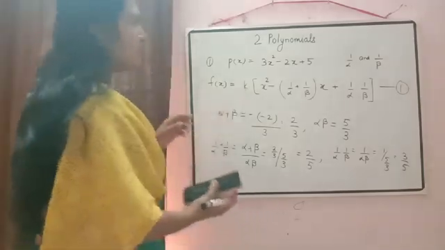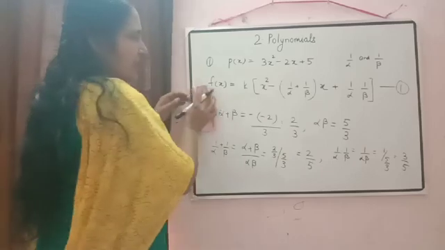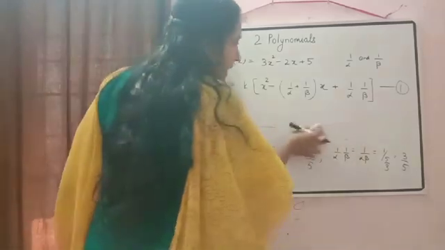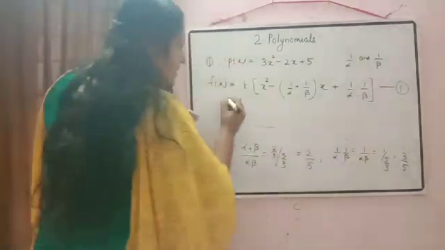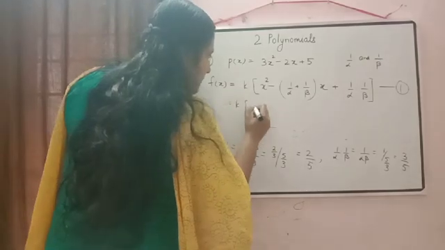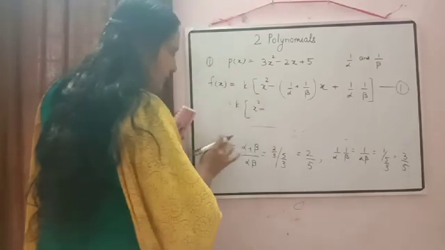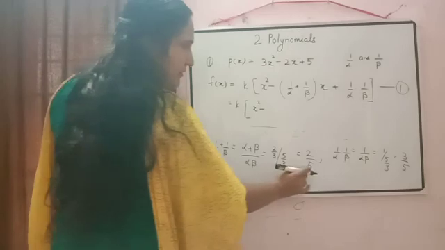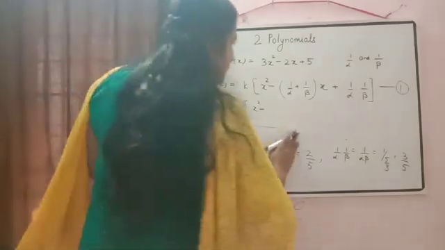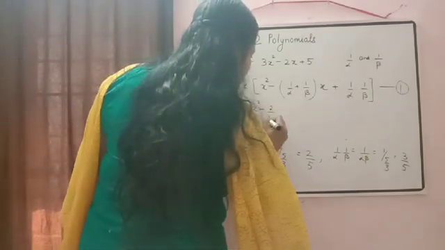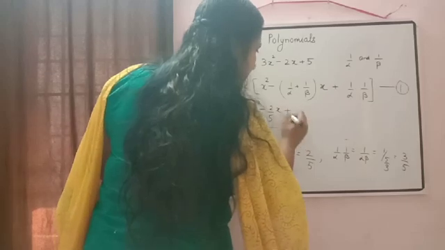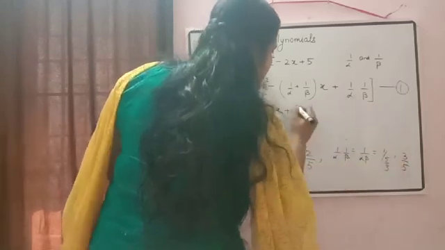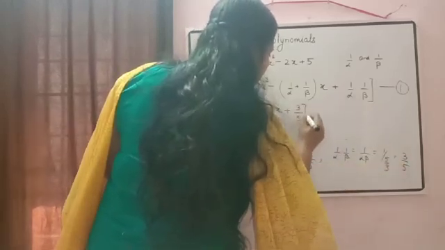Okay, so write down the required polynomial f of x is equal to k into x square minus, in place of 1 by alpha plus 1 by beta, we write 2 by 5. So x square minus 2 by 5 into x plus product of the zeros, which we got as 3 by 5.